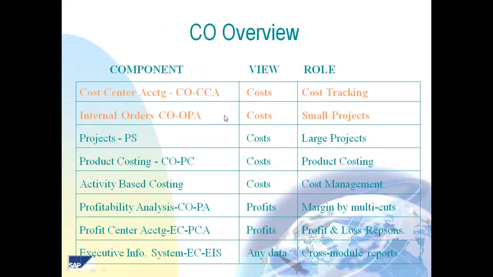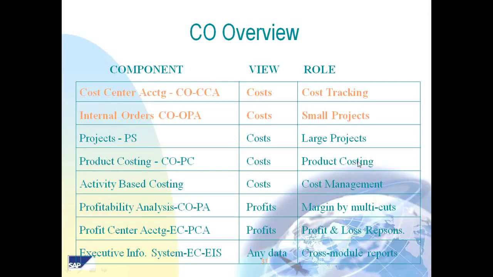Then there are internal orders. They are normally required for small projects, whereas project system is required for large projects compared to internal orders. If there is a large scale investment in long running projects, normally the client requires this module. Otherwise, they can go for internal orders itself.